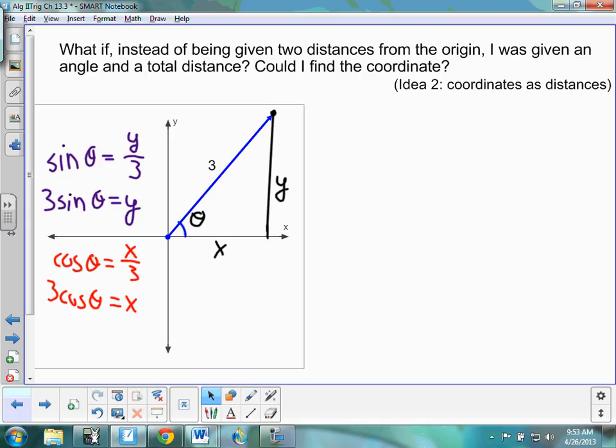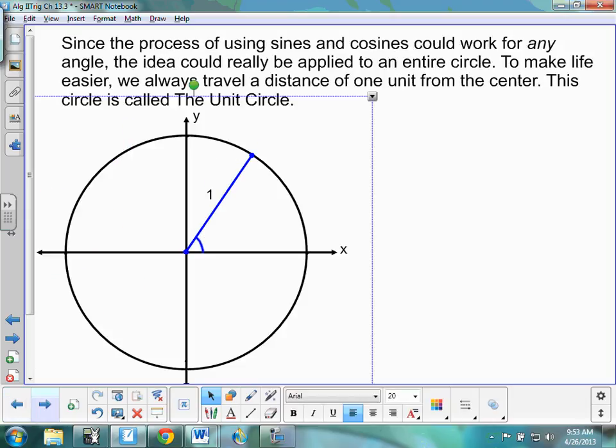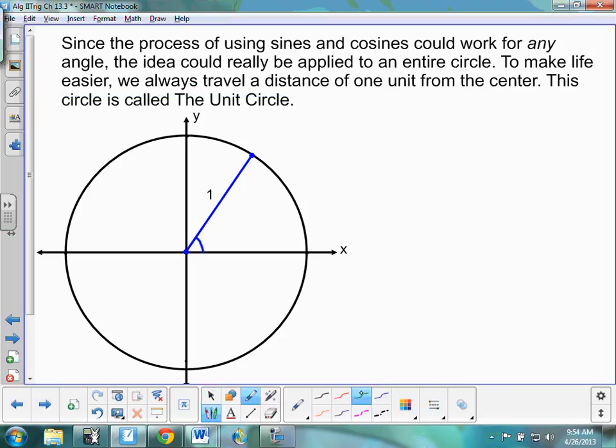But to make things easy, instead of doing 3 sine theta, we always pick a 1 for the hypotenuse. Always. Because once you find a 1, I can multiply by 3 to get my 3 sine theta, or by 5 to get 5 sine theta. But if you have a 1, it makes everything much simpler. That 1 is our basic unit, which is why this is called the unit circle. This circle here is called the unit circle, and that's the big idea we're going to get to today.